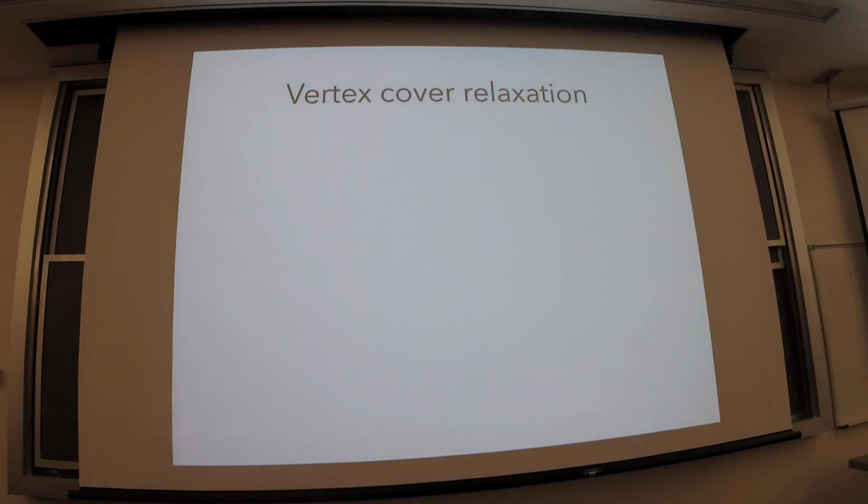So for vertex cover, if you remember the problem, here we are given a graph. And the goal is to pick a small set of vertices such that every edge is covered.